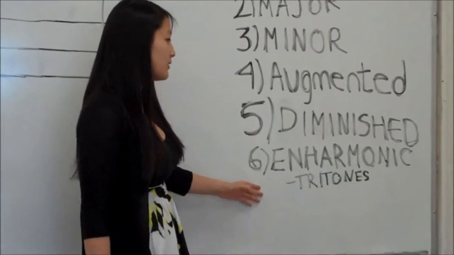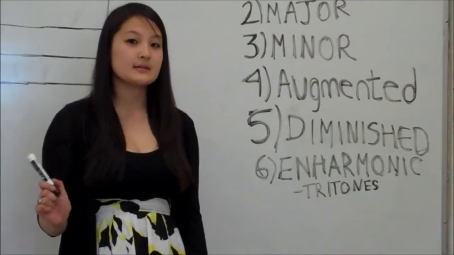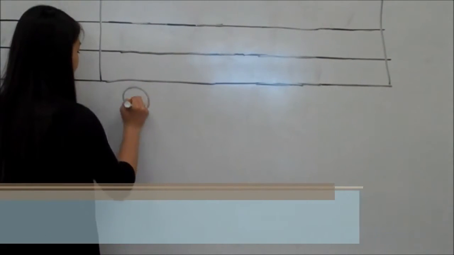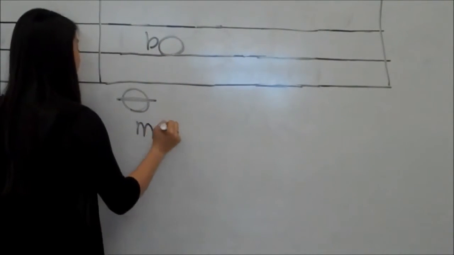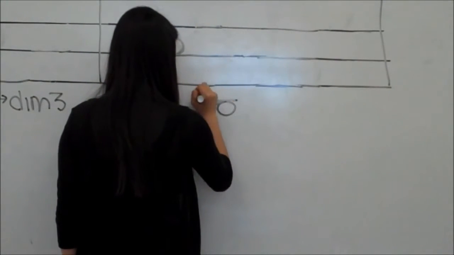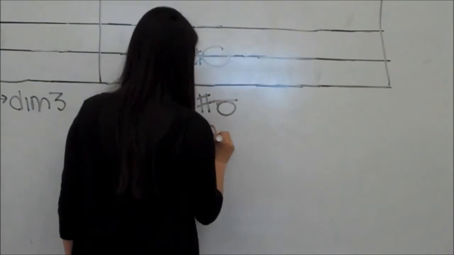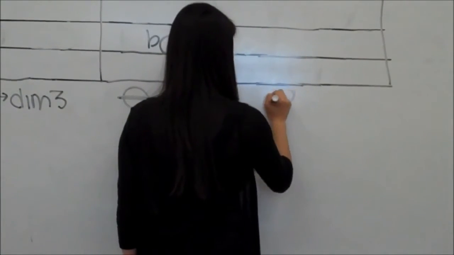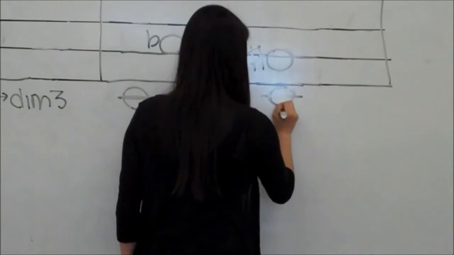Next, we have enharmonic intervals, and tritones fall under this category. So enharmonic intervals are intervals that sound the same, but are spelled differently. For example, if we had a C to an A flat, which would be a minor sixth, and we also had a B sharp going to a G sharp, which would be another minor sixth, and then we had a C going to a G sharp, which would be an augmented fifth.